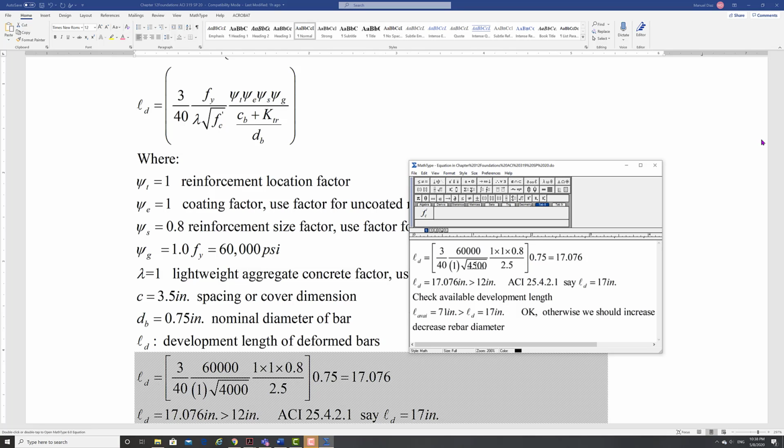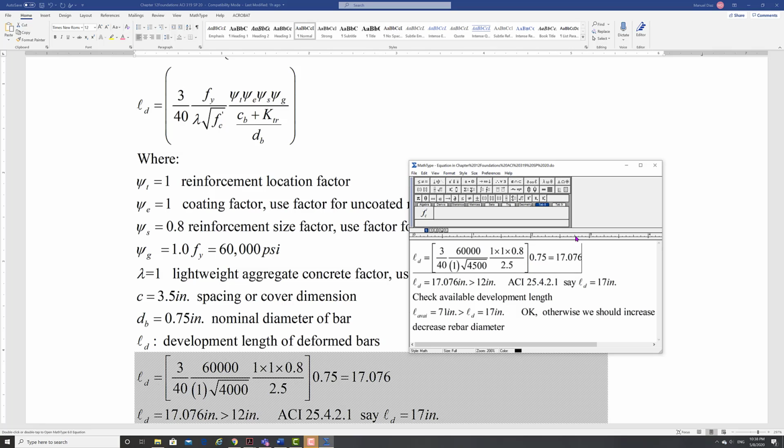So development length, this one, that was a tension one. That's for your main bars. So we got 3 times 60,000 times 0.8 divided by 40 divided by 2.5 divided by the square root of 4,500, and that value is times 0.75. 16, so now it's even smaller, which is good.